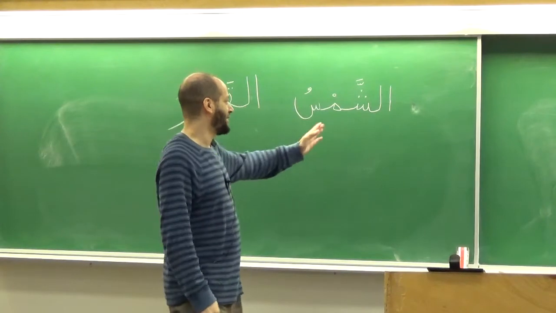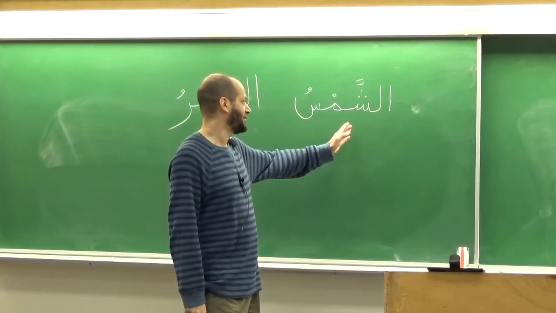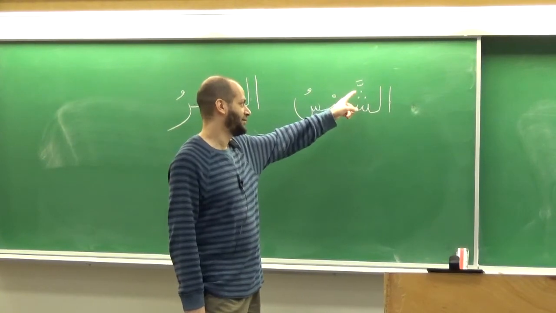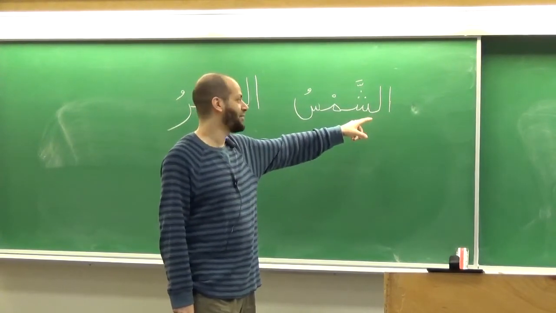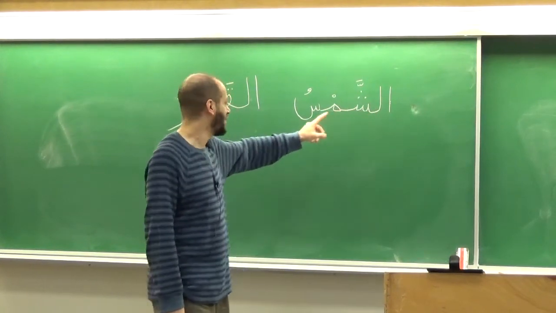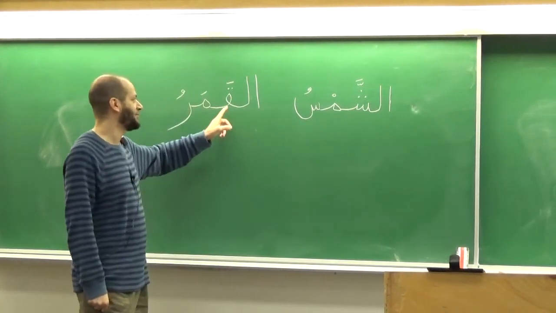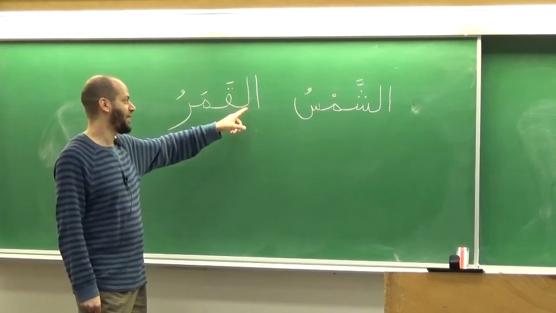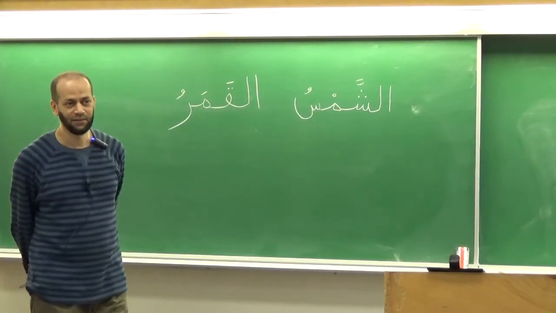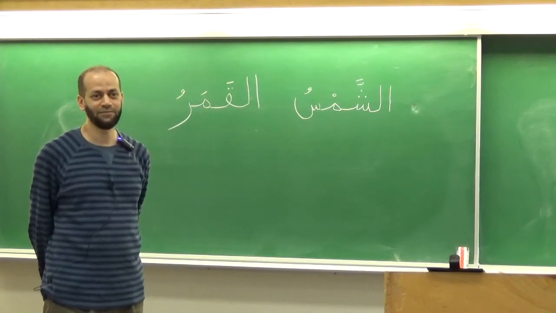So the shamsi letters, or al-huruf al-shamsiyya, will always have a shadda after the alif lam, and therefore we will not pronounce the lam. And al-huruf al-qamariyya will not have a shadda, therefore we have to pronounce the lam. Is it simple enough?